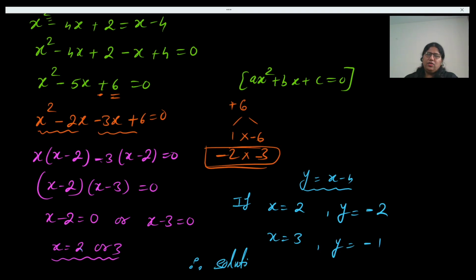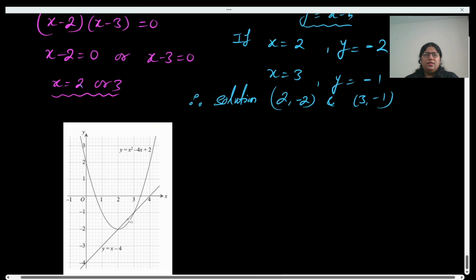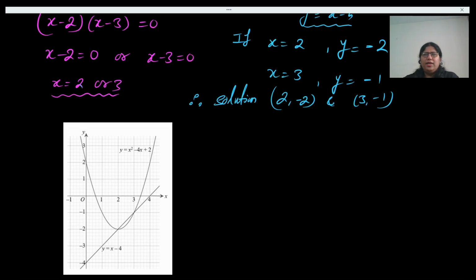So the solutions, meaning the intersection of both graphs, are 2 comma minus 2 and 3 comma minus 1. Now if you use the graph, the parabola represents the first equation and y equals x minus 4 represents the straight line. These graphs, parabola and straight line, are cutting at 2 points.